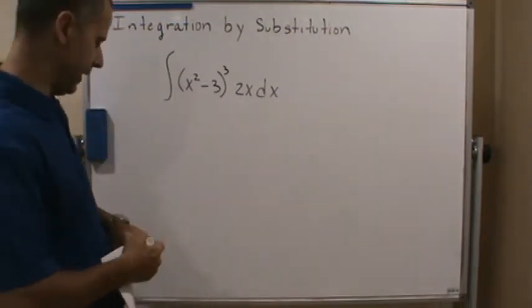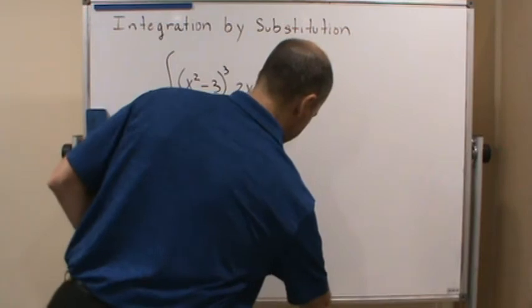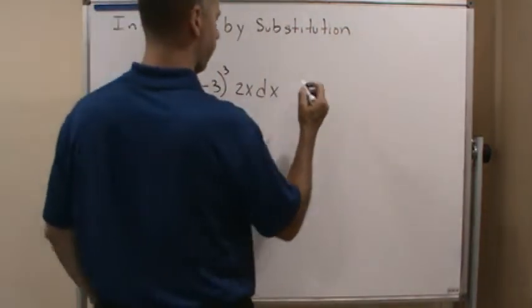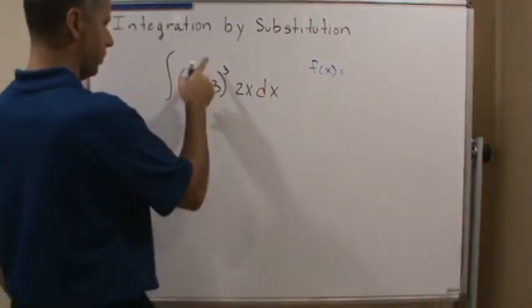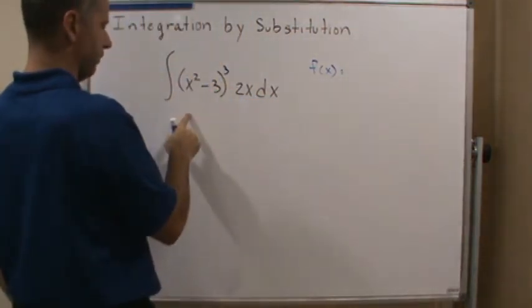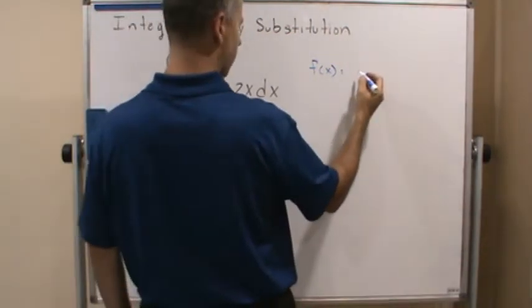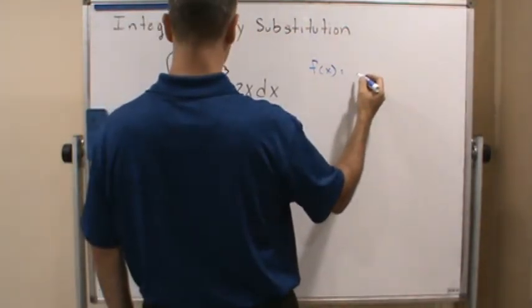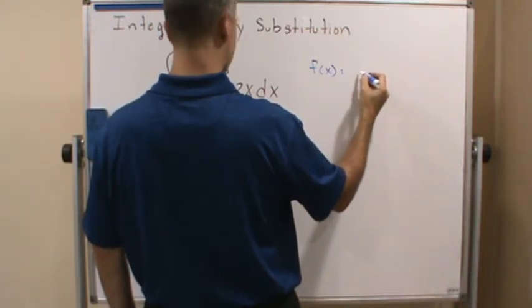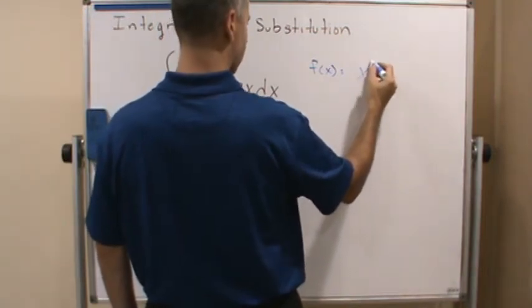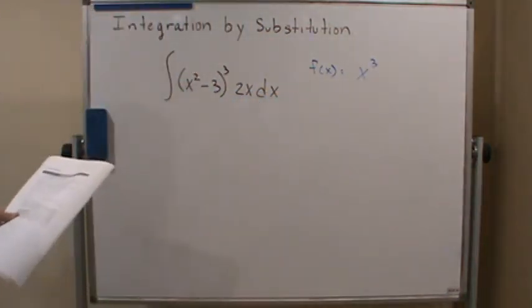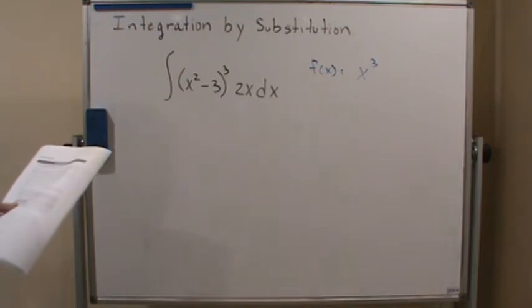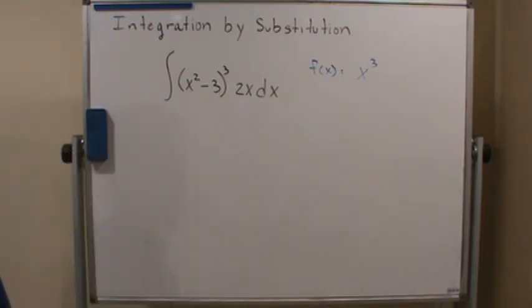So we could say that f of x is equal to the outside function, which is going to be x cubed, right?